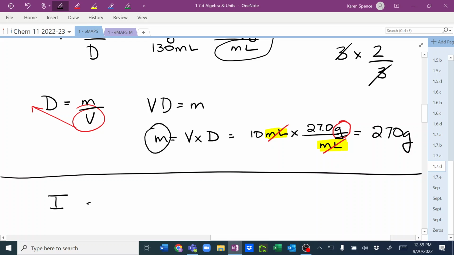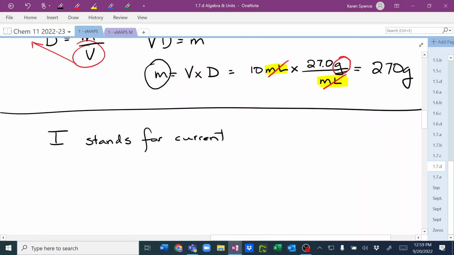I. I stands for current. And I is equal to Q over T. Now, you should know what T is. What does T stand for?